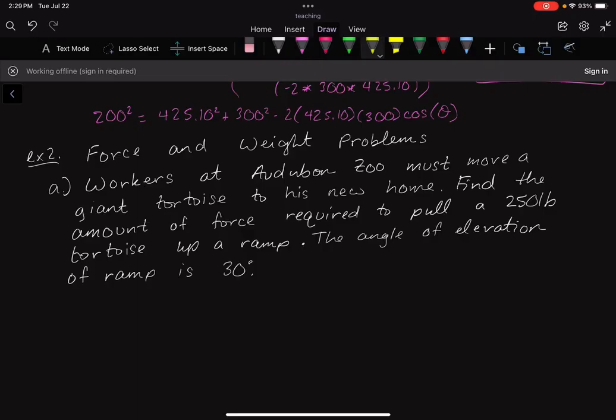So the formula that we are going to use here is force is equal to weight times sine of your angle theta.